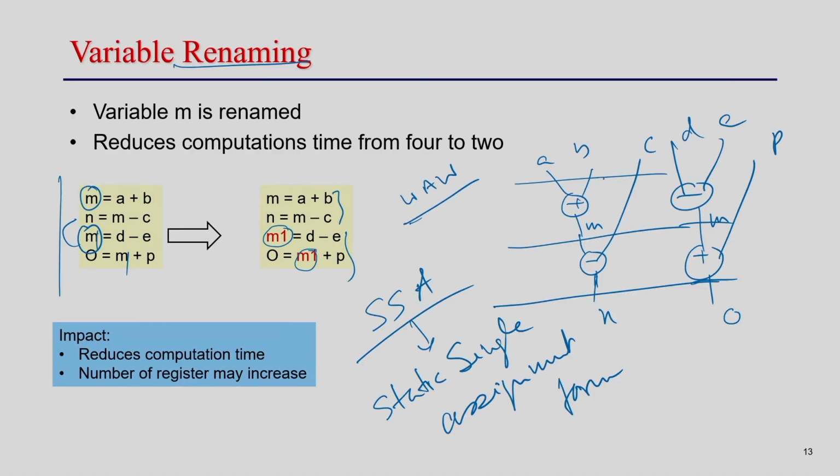But since now I am executing this in parallel, my number of resources might increase, right. So, the number of ALUs, FUs and number of registers might increase here, because earlier it was sequential. I could have used one ALU to do all these 4 operations, but now I need at least 2 FUs, right. So, it might increase the resources a little bit, but the latency will reduce, right. So, that is what variable renaming is.